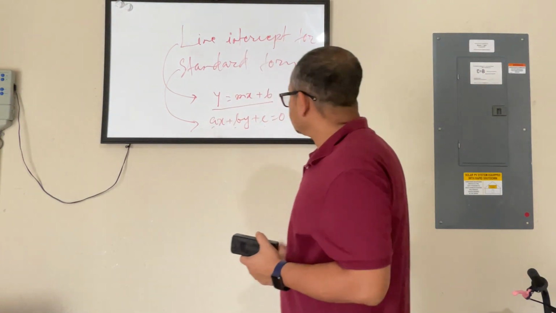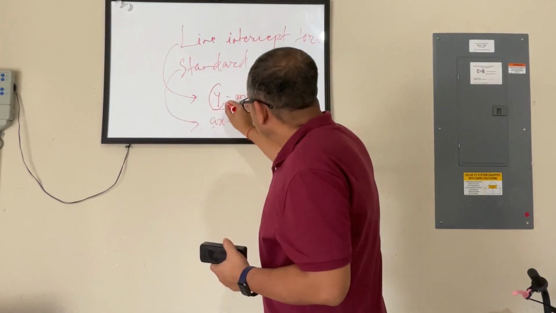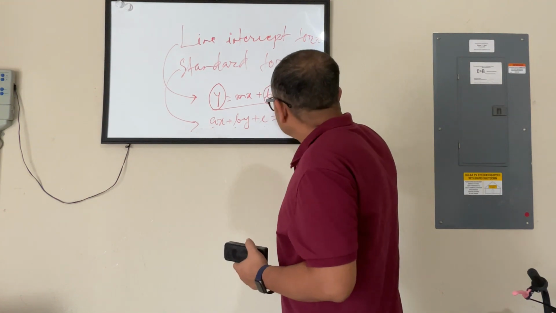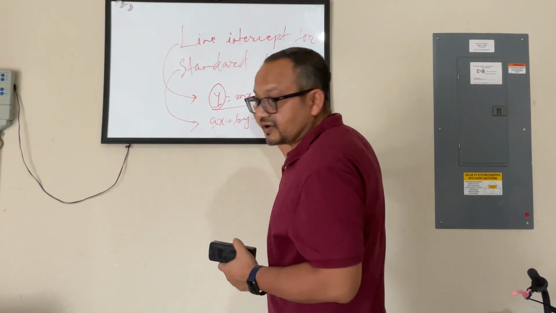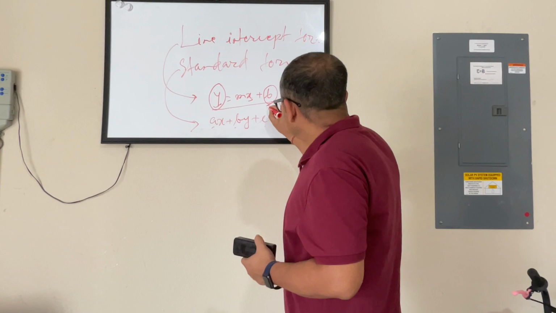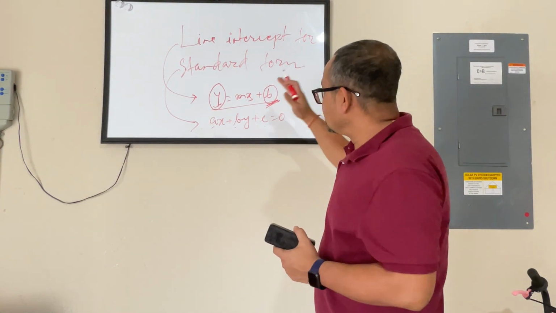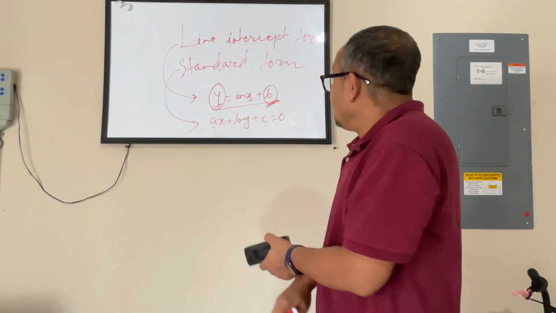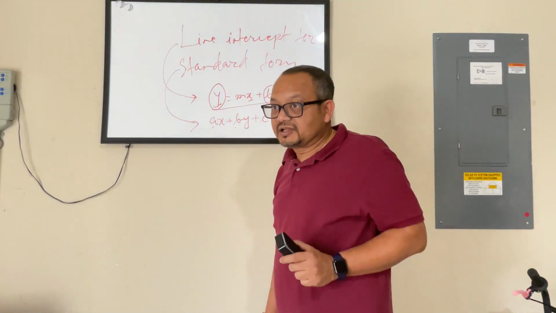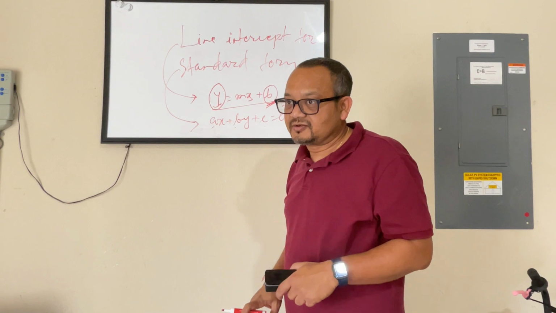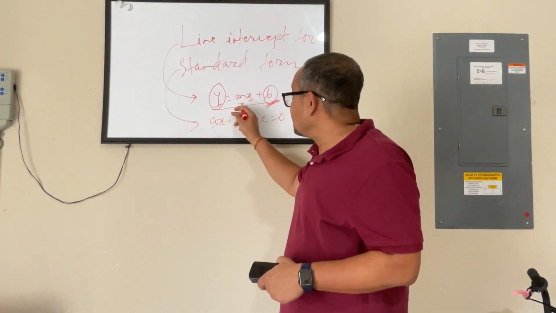if you look at this, this is one variable, this is second variable. This is the intercept, meaning this is where it touches the y-axis when x is 0. And m is nothing but the slope.